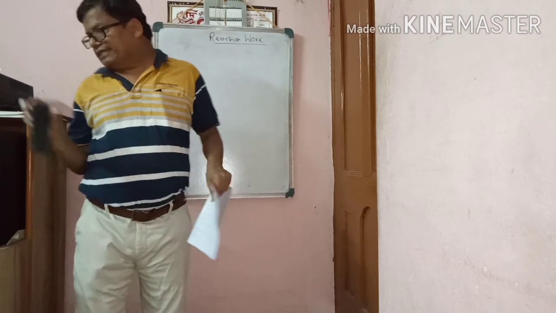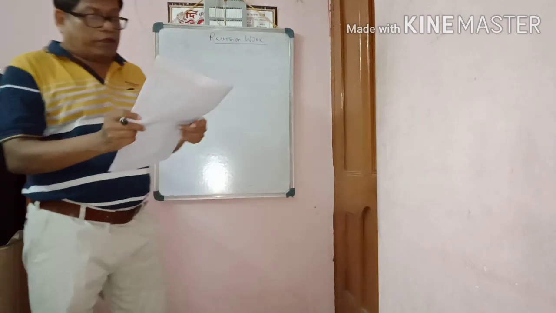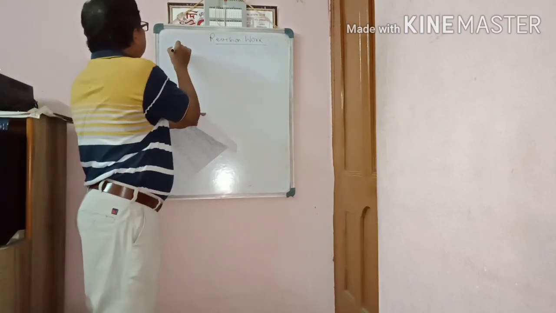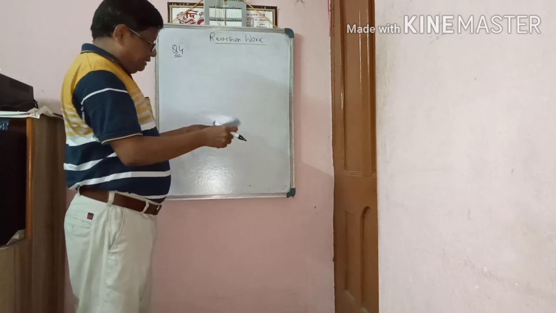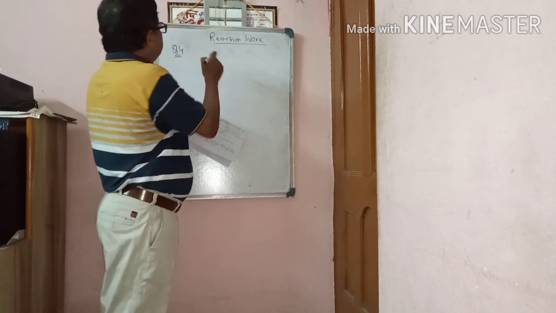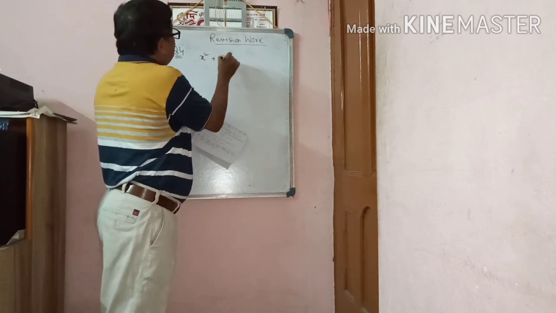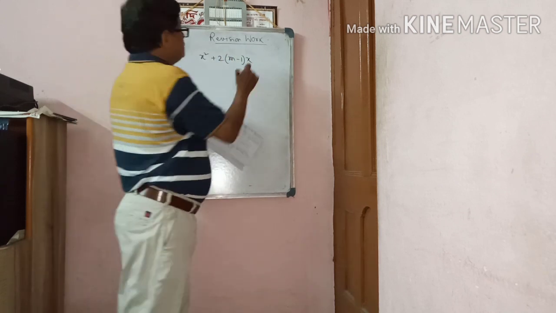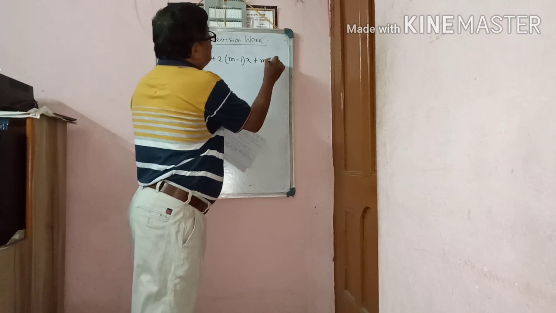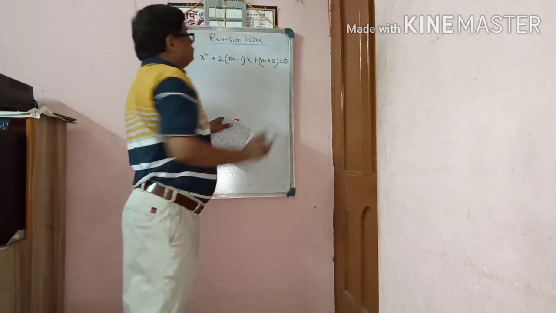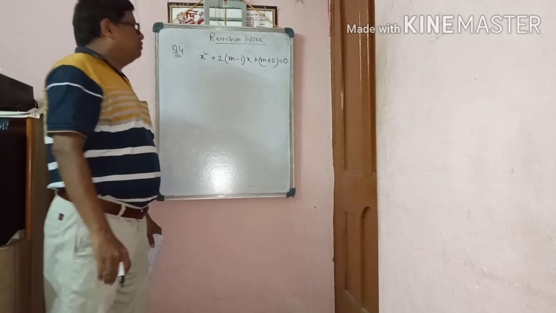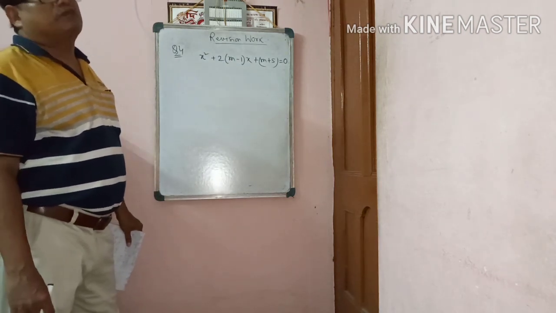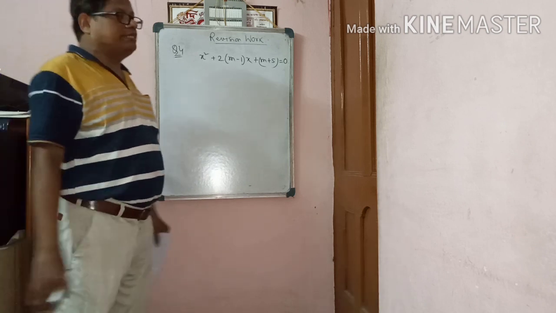Another question, question number 4. For what values of m does the equation x square plus 2 into m minus 1 into x plus m plus 5 equal to 0 have equal roots? So all of you know for equal roots, b square minus 4ac equal to 0.